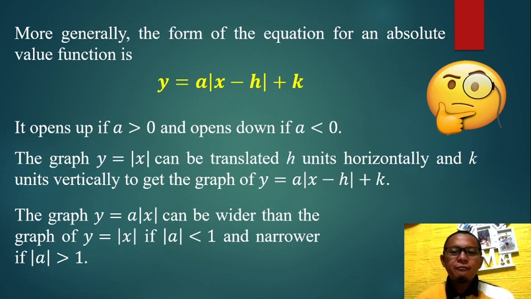Again, if the absolute value of a is less than 1, your graph is wider, and narrower if the absolute value of a is greater than 1. Again, if the absolute value of a is greater than 1, the figure of your graph is narrower. If less than 1, your graph is wider.